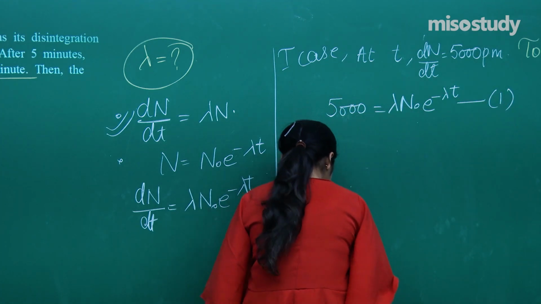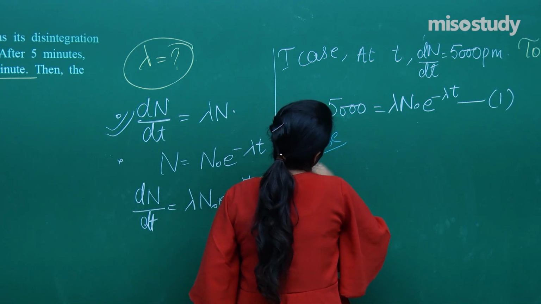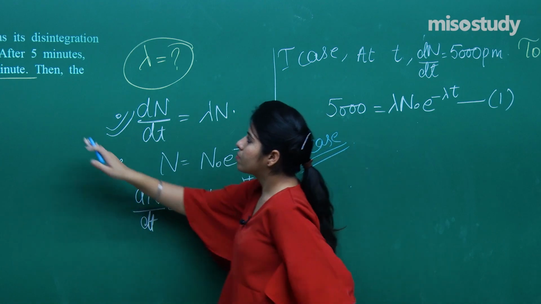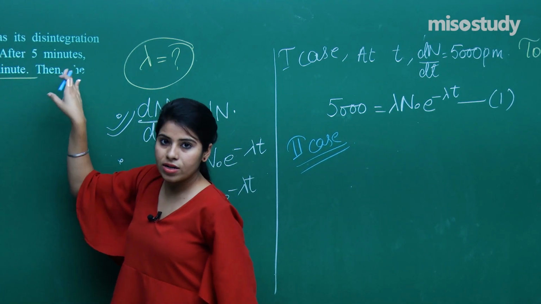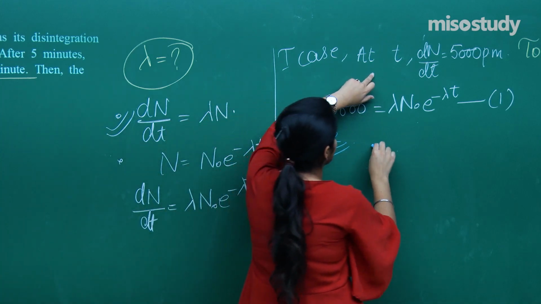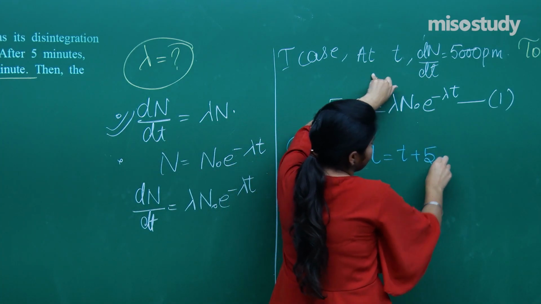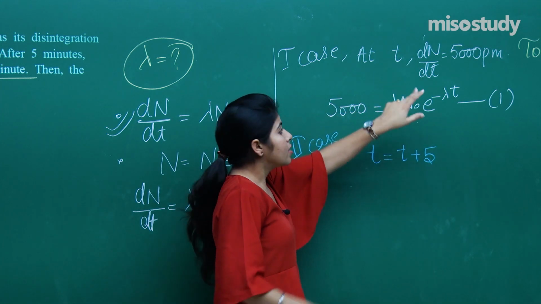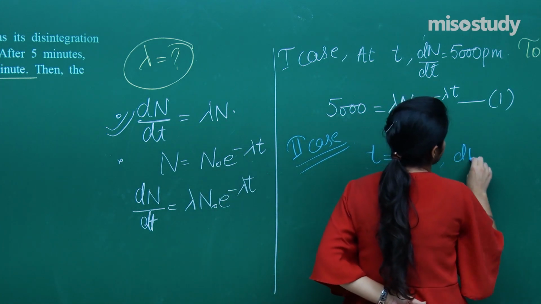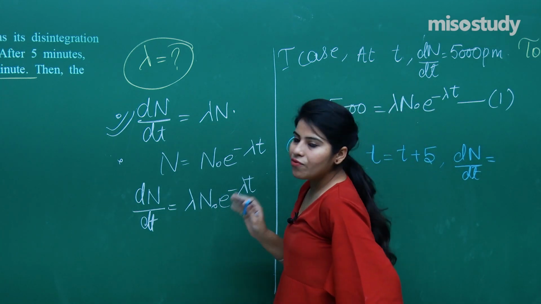Now let me consider the second case. In that we have been given after 5 minutes. So earlier the time was t, but after 5 minutes, the time will be t plus 5, right? Now the rate of disintegration has been given as 1250.